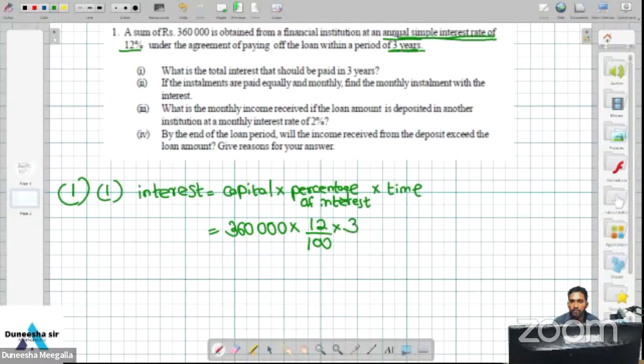Okay, if the interest is given monthly, time එක කොහොමද substitute කරන්නේ? It's by months. Okay, then you should multiply 360,000, 12 and 3. Okay, get the answer.